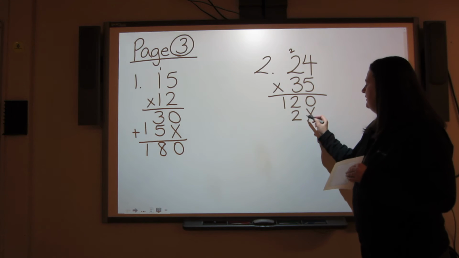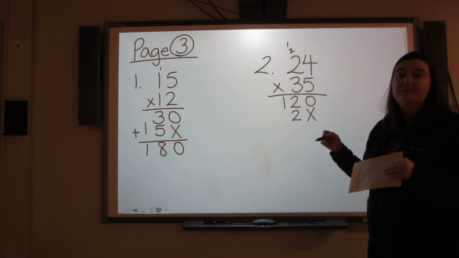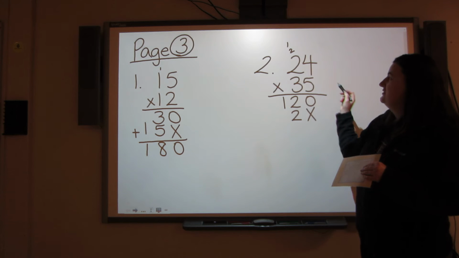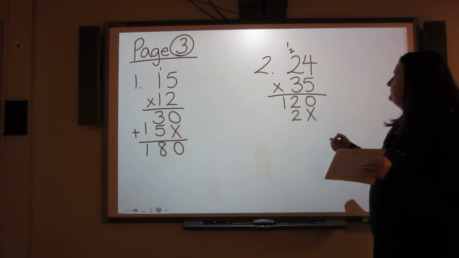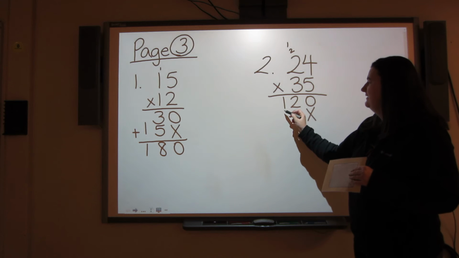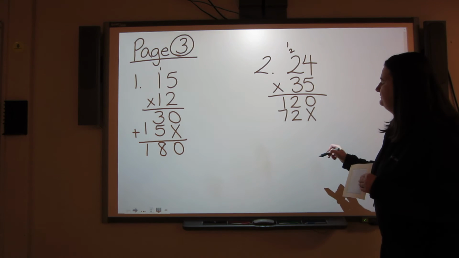So you put your 2 and carry your 1. 3 times 2, if you look down your 3s till you get to 2, you'll see that 3 times 2 is 6. Plus the 1 that I carried is 7.